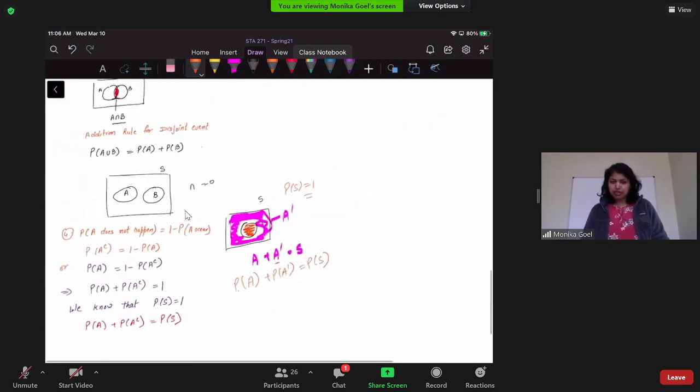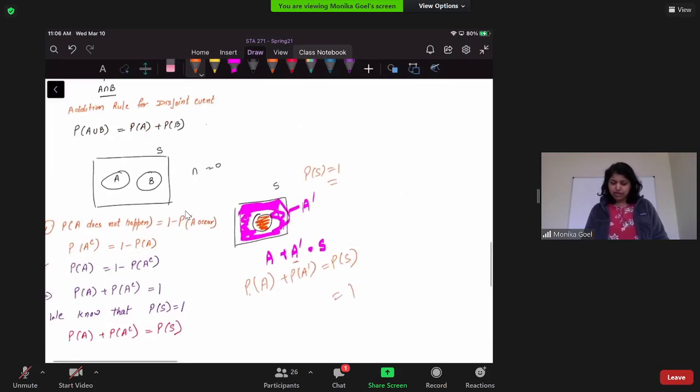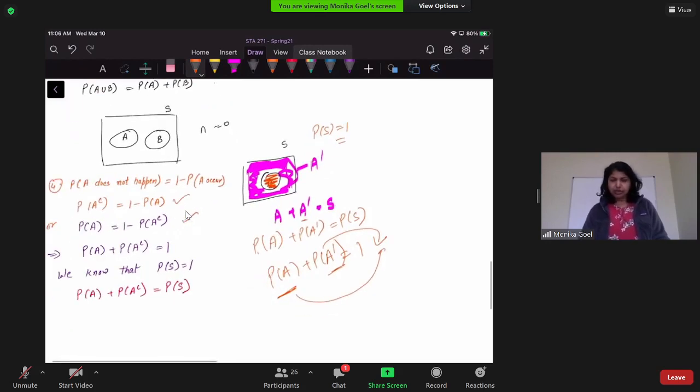And the probability of the sample space, we know that it is 1. And then if I need to find this, I'll move this here. If you want to find this, then you move this. And when you add everything, you get the result.